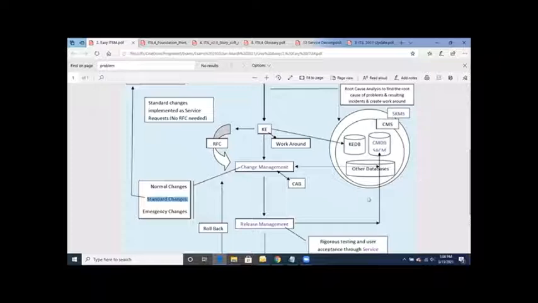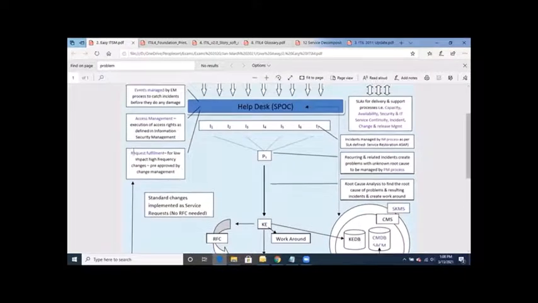This is what is called a request fulfillment process for low impact and high frequency changes. ऐसे changes जिनका impact is low, but they are coming again and again and again.